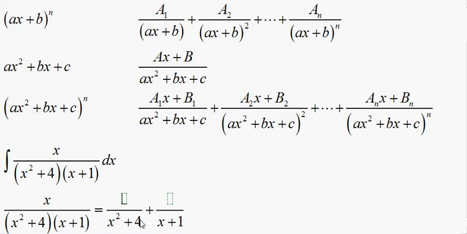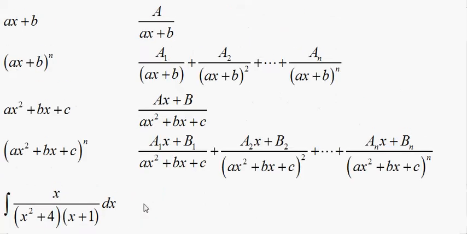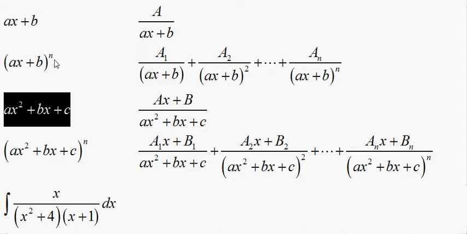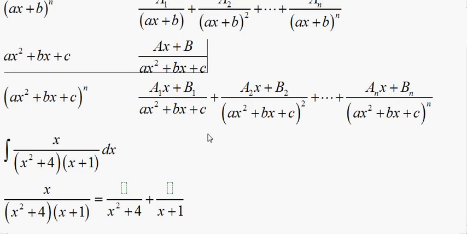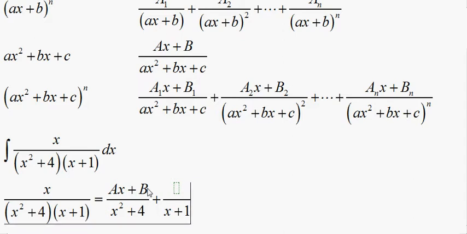Well, it's an expanded quadratic. This isn't a factored quadratic. It's expanded, so it would actually be this case right here. That means we use a linear term in the numerator.